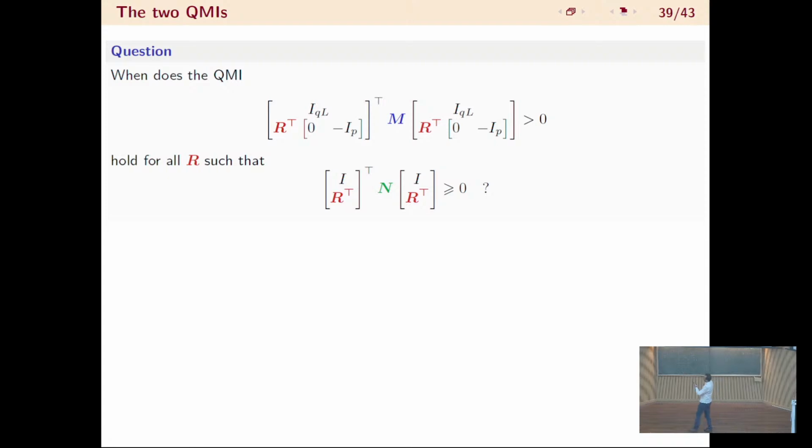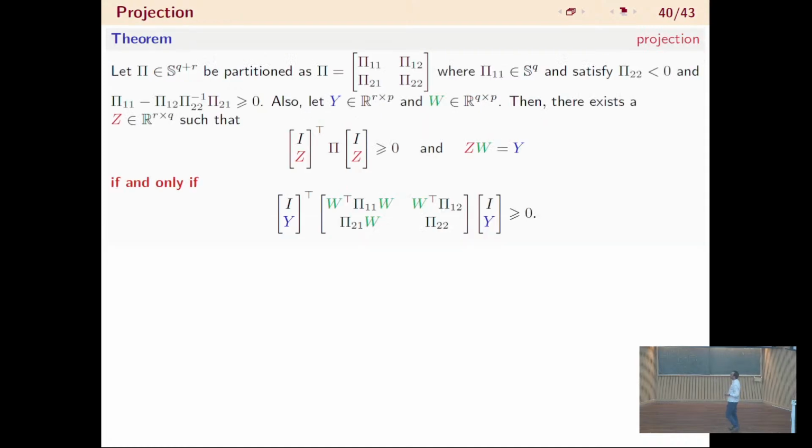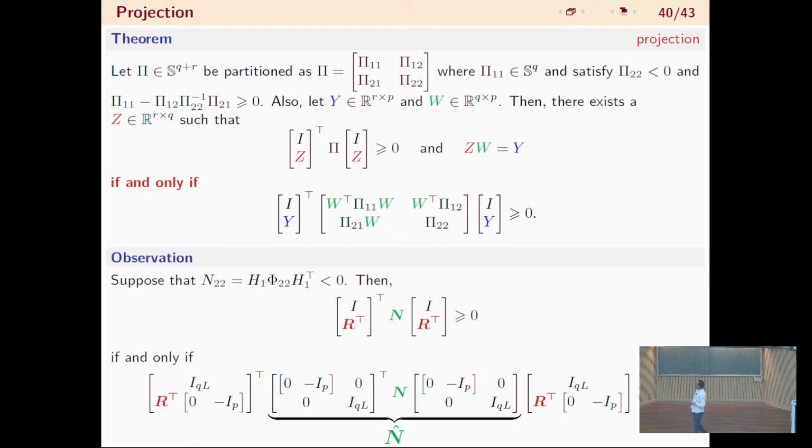Or, sorry, the other way around. I can convert this one to an LMI where this appears. But is this point clear? I can convert one QMI together with some equality constraint to another QMI. And that's what I want to do.